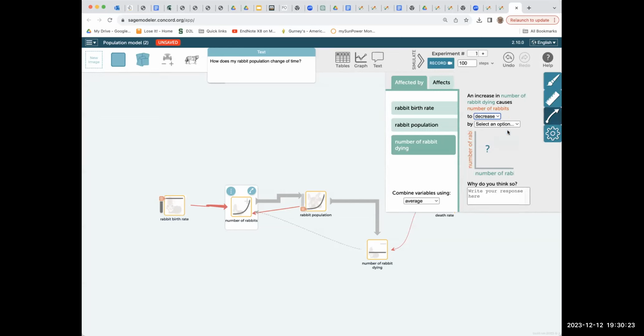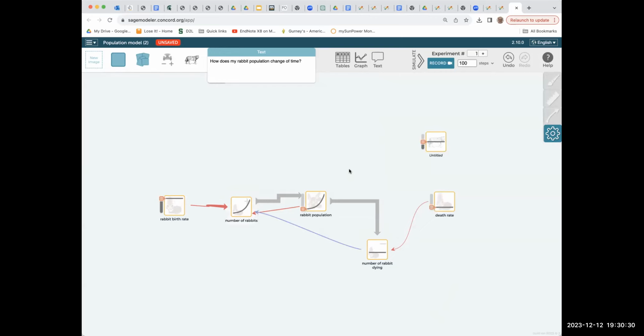And I'm going to say about the same. So now we see that my birth rate influences my number of rabbits, which will then influence my total population of rabbits. Of course, there's a feedback loop there that also increases the number of rabbits.